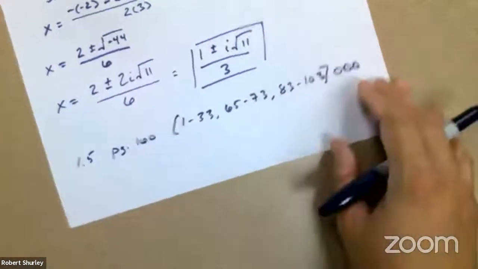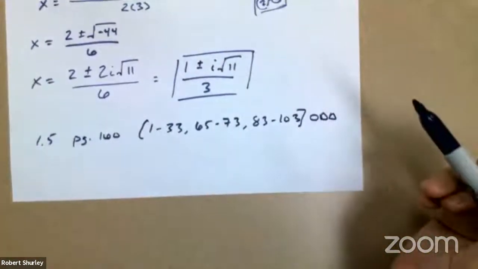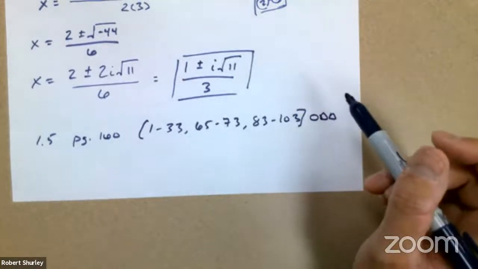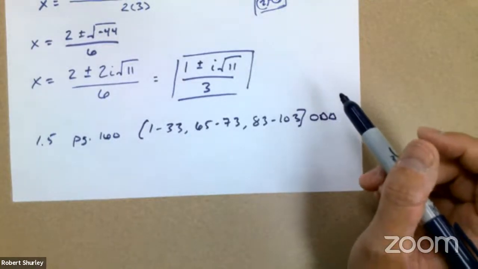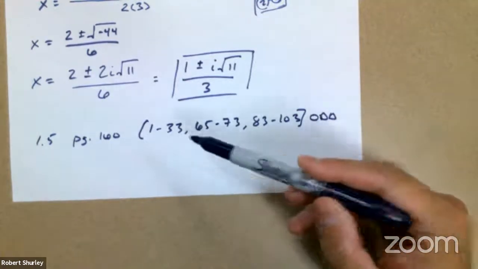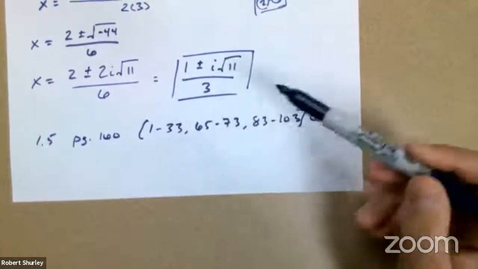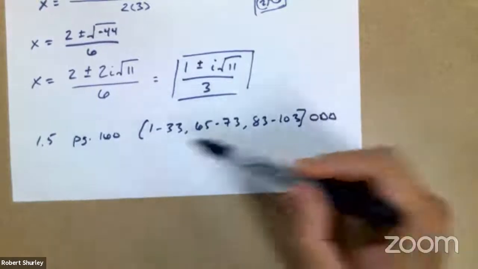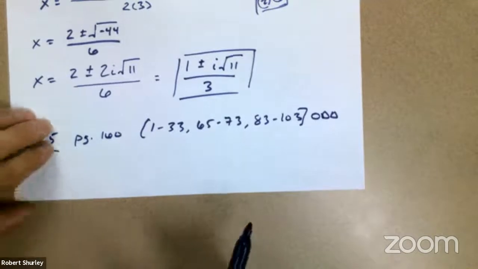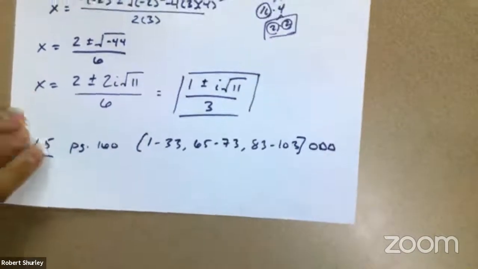And if you feel confident in them, do every other odd. If you're like, man, this is just a good review, I don't really need to see all of them, try every other odd to make sure you've seen every type of equation that can be thrown at you. So 1 through 33, 65 through 73, 83 through 103 odd. That's for 1.5. Now we're going to do 1.7 as well today.